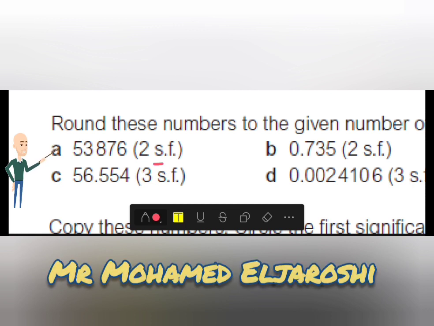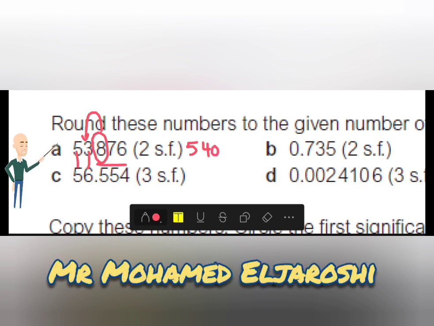Now they want two significant figures, so it means two numbers. So we count two numbers, 1, 2, and then we look at the number after it, which is 8. The 8 is bigger than 5, and because it's bigger than 5, we will add 1 to this 3, and the answer will be 5, 4, and then the rest of the numbers we write them as zeros.